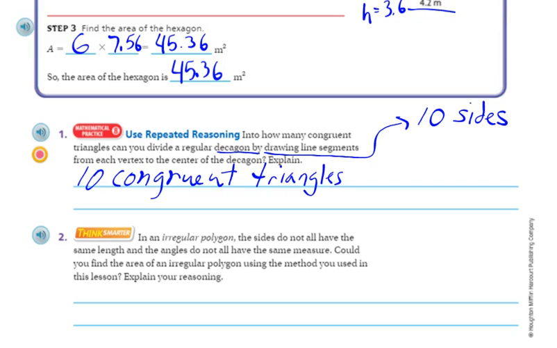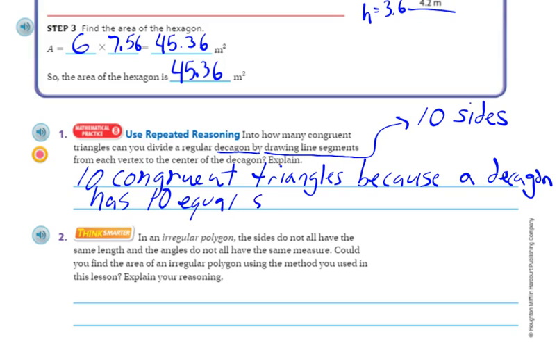So 10 congruent triangles because a decagon has 10 equal sides. Good enough.